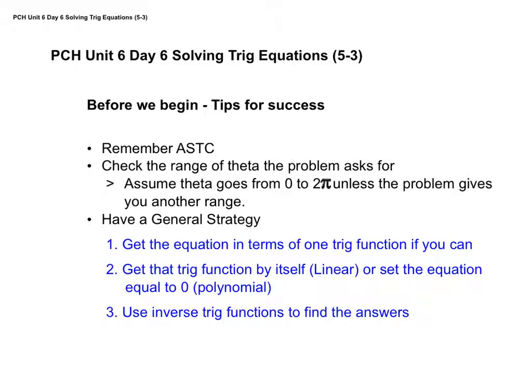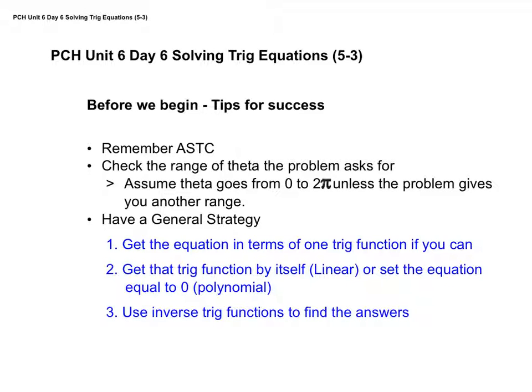So, then we have this general strategy. The general strategy is not super complex in just listing steps, but it gets complicated. The first thing that you want to do, if possible, and we'll take a look at cases where it's not possible, is get the equation in terms of just one trig function.